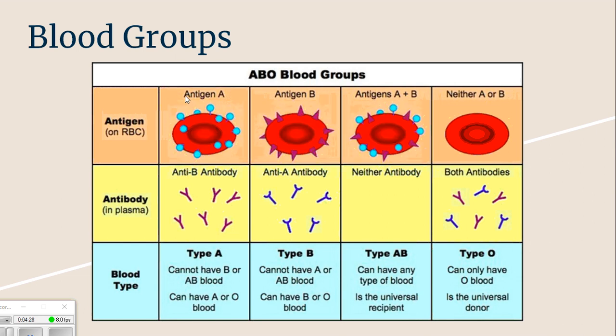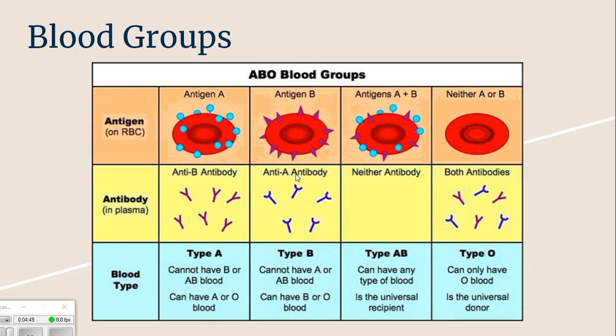Within the blood of that person who has blood type B, they would have antibodies that would be against the antigen A. Whereas, the blood type A person would have anti-B antibodies, so they would react against antigen B.